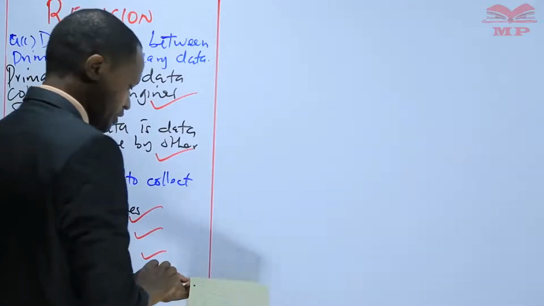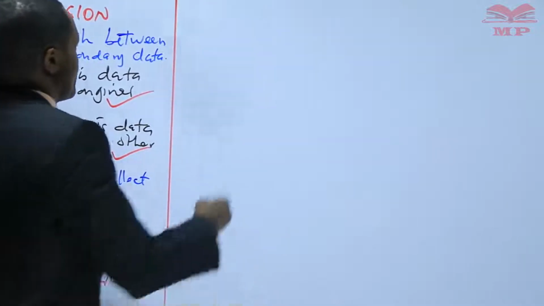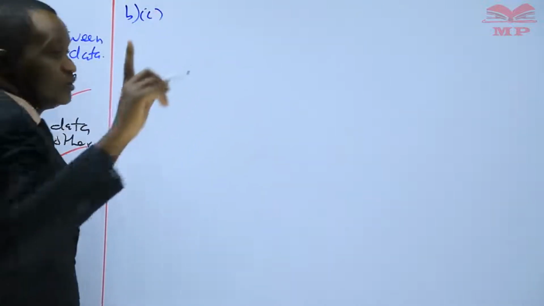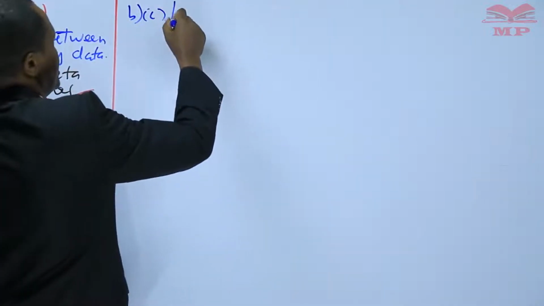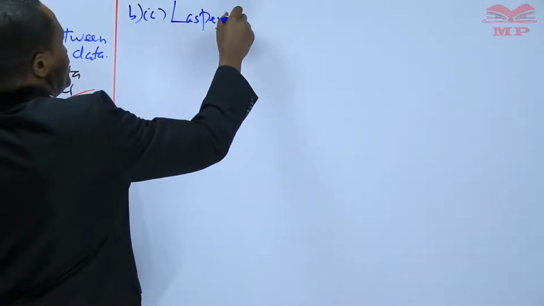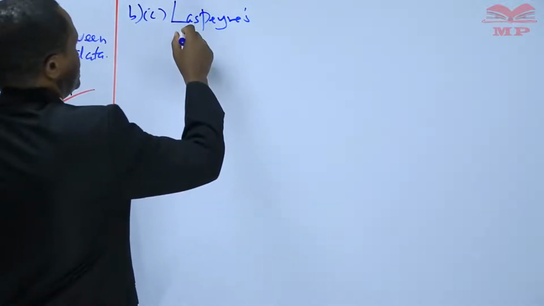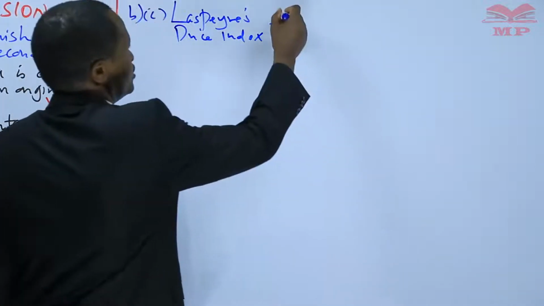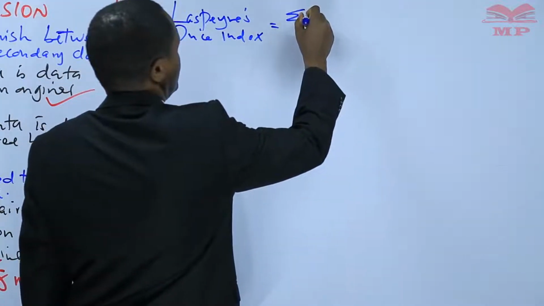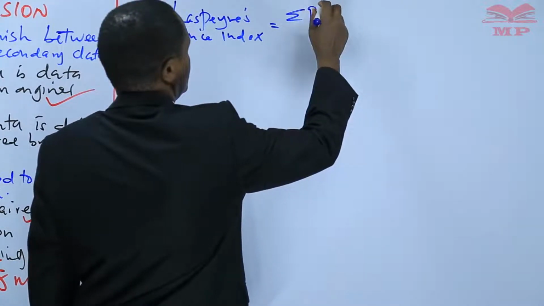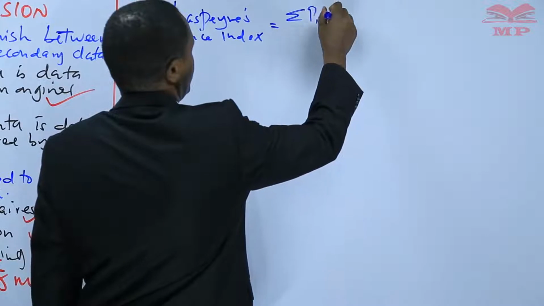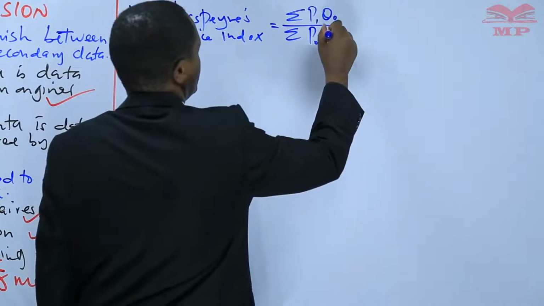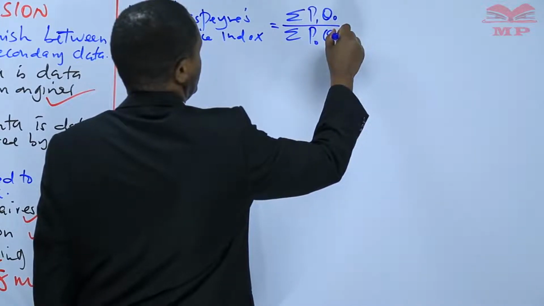This is part B, Roman 1. Candidates were to compute the Laspeyres price index, which is equal to the summation of P1 Q0 over the summation of P0 Q0.